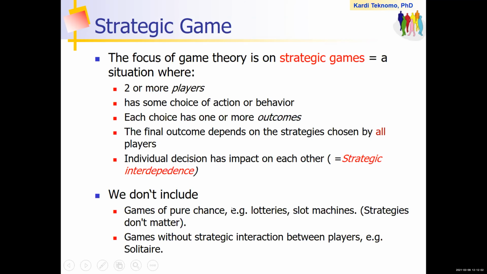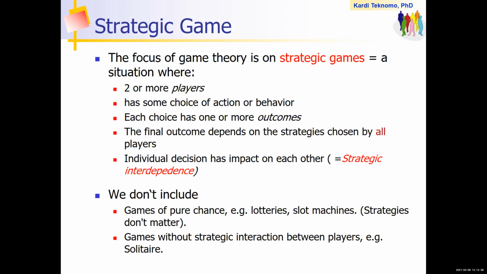Now, the focus of game theory is actually on strategic games. In a strategic game, you have two or more players. You have certain choices of action or behavior, and each choice will have one or more outcomes. The final outcomes depend on the strategies chosen by all players, not only you, but you and your opponent.